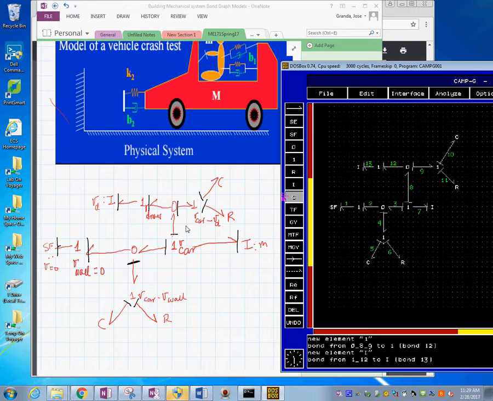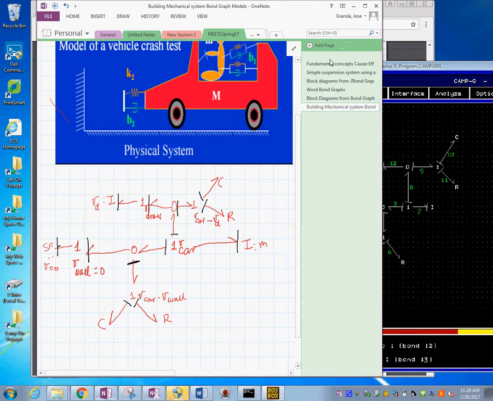And so now you're ready from here to do a computer simulation, but the main point is how do you actually go on building it. I'll review how do I do that. The steps.